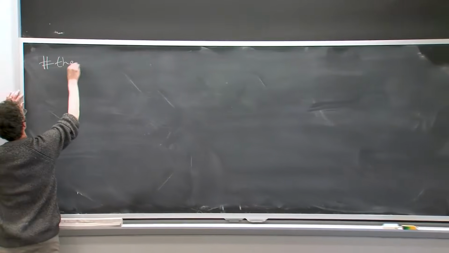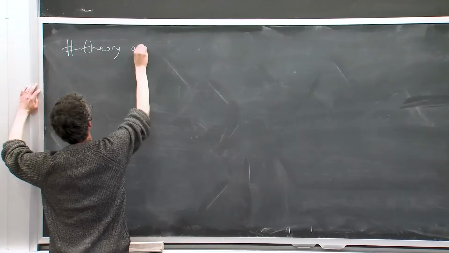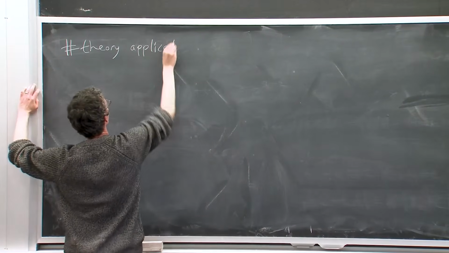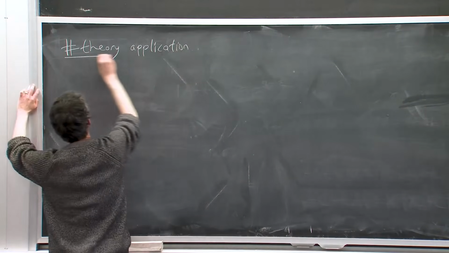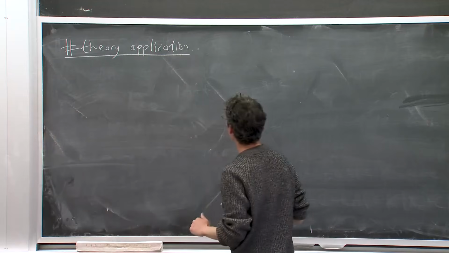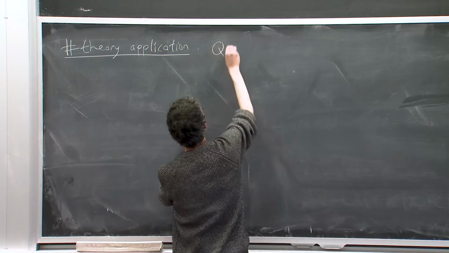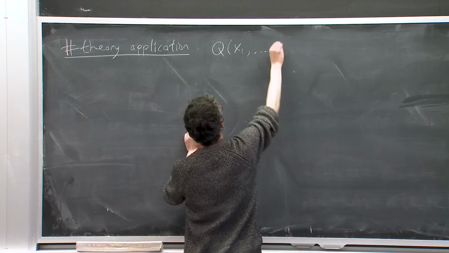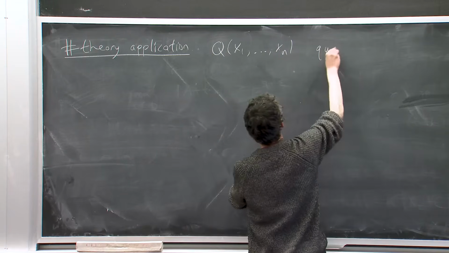It's called the Oppenheim conjecture. OK, so let's say Q of x1 up to xn is a quadratic form.